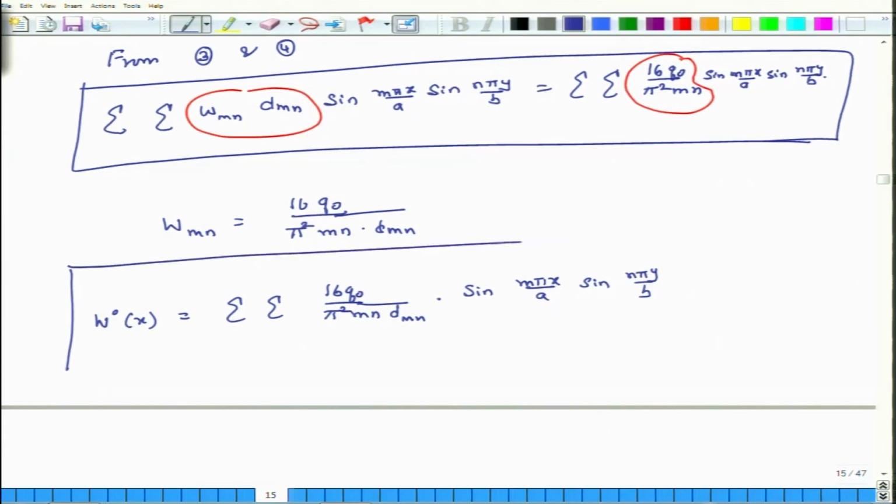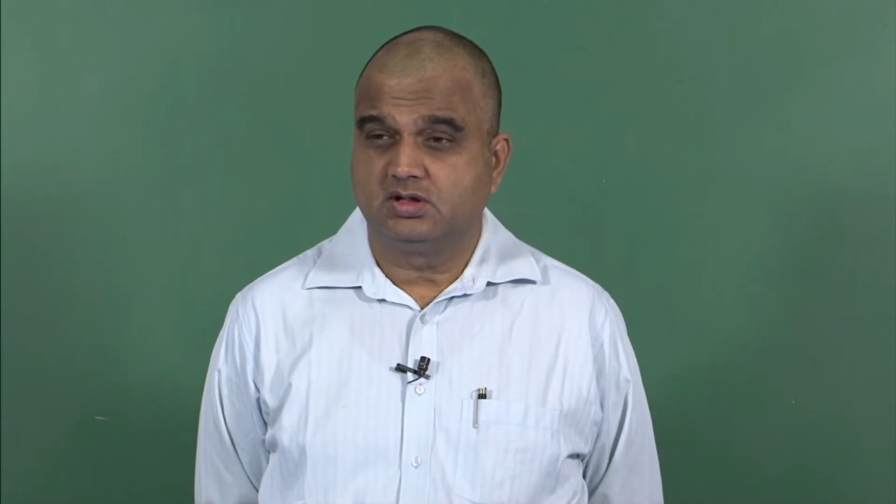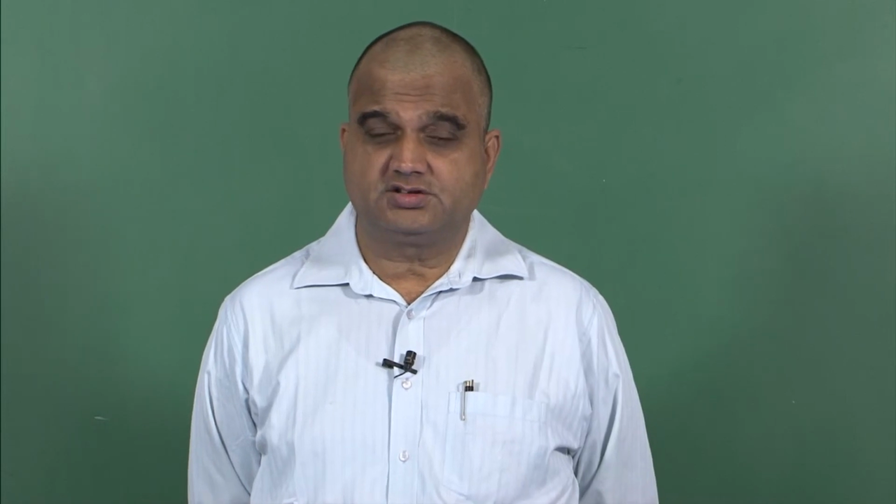So, this is the solution for the out of plane problem for a laminated composite plate which is simply supported on all the 4 sides, and this plate is not only symmetric in nature, but also especially orthotropic. For that kind of a plate, this is the solution for out of plane displacement, that is W.